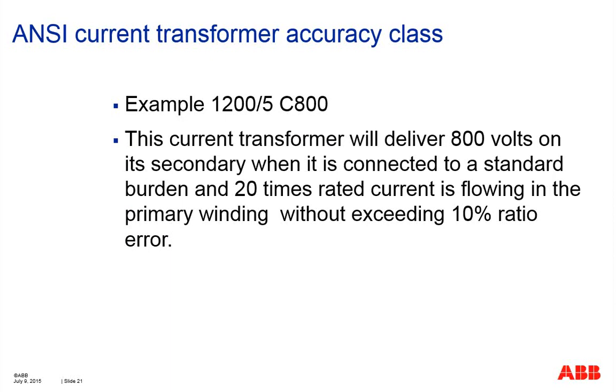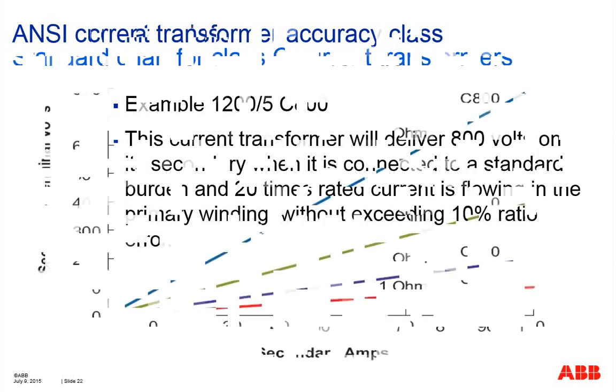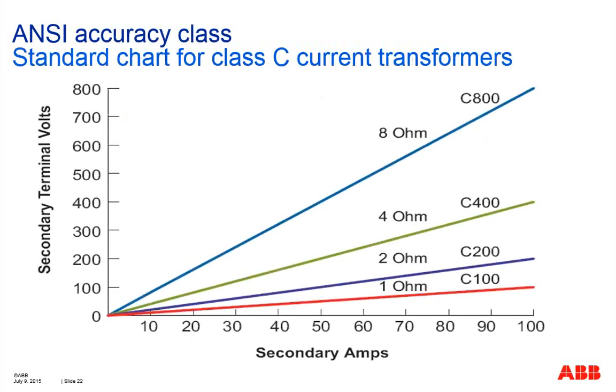So this CT guarantees a certain accuracy, which is 10% for C class, while allowing 20 times rated current into a standard rated burden of 8 ohms. With different CT rated voltages you have different standard burdens: with C800 you have 8 ohms, with C400, 4 ohms, and so on.